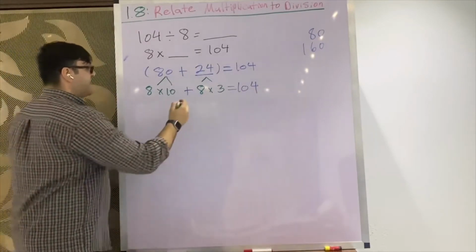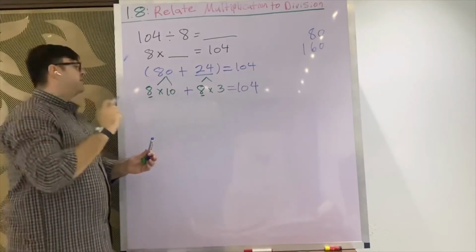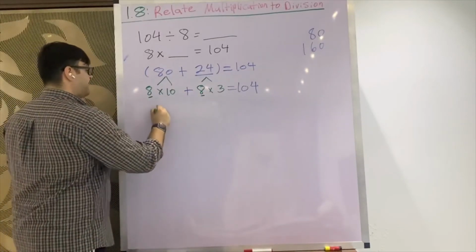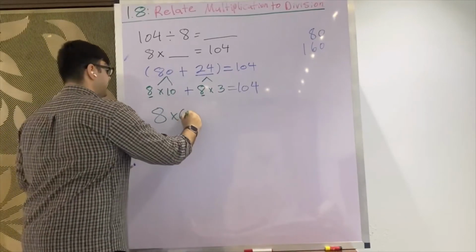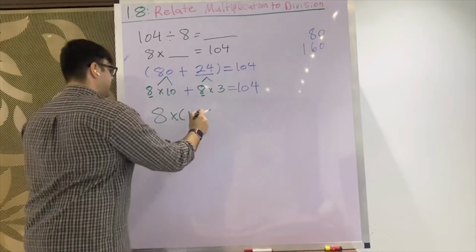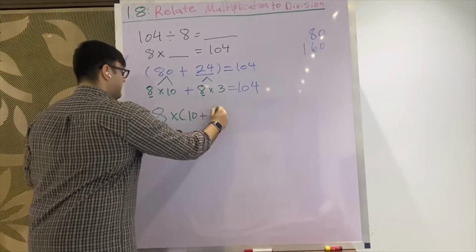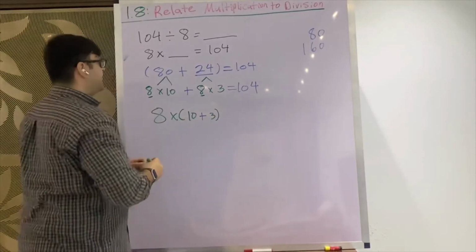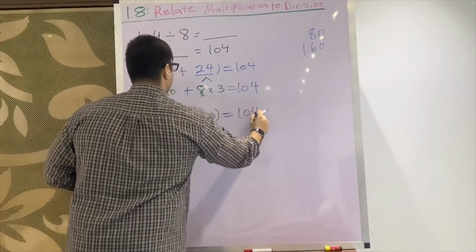So, with the 8's being the same here in the beginning, we're going to take them out. 8 times, make our parentheses, 10 plus 3 equals 104.